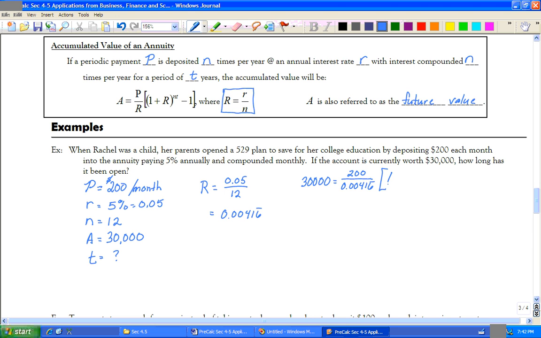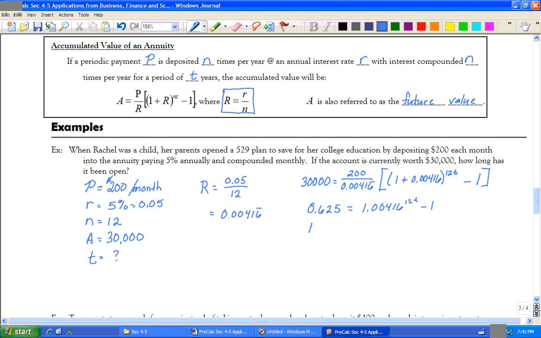Now we're going to multiply that by 1 plus our ratio raised to the 12 times T power minus 1. Okay, and let's simplify. We're going to multiply by the reciprocal of our ratio, and that gives us 0.625, and that is equal to 1.00416 to the 12 T power minus 1.